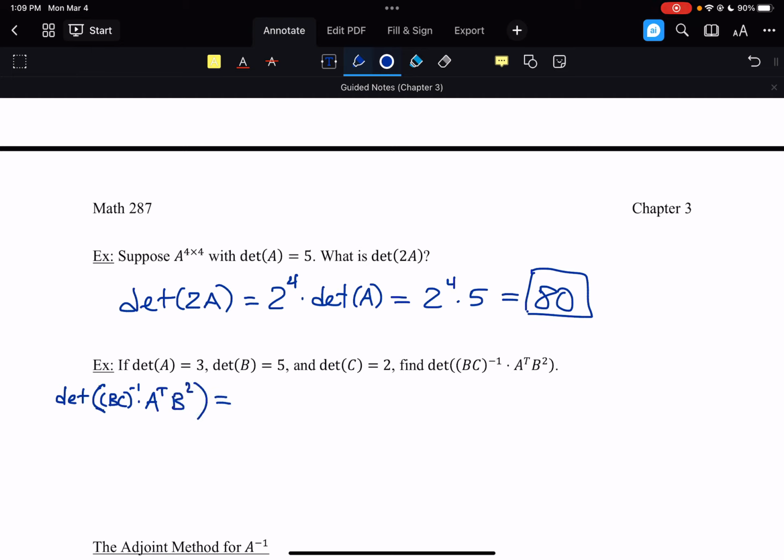Let's go ahead and expand all of this out as much as we can. BC inverse, if you remember properties of matrix inverses, the inverse of a product is basically the reverse product of the inverses. So C inverse B inverse, A transpose, and then B squared, I'm going to go ahead and list it out as B times B.